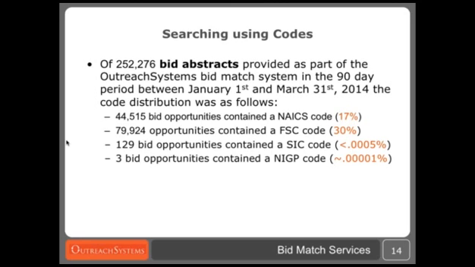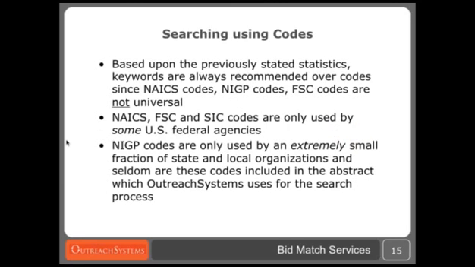Codes are not universal. Different codes are used in different databases. So searching on NAICS code means the client will never ever match with that code in a state and local bid, and they need to make sure they understand it. And even within the specific databases, they're not used by every federal agency.